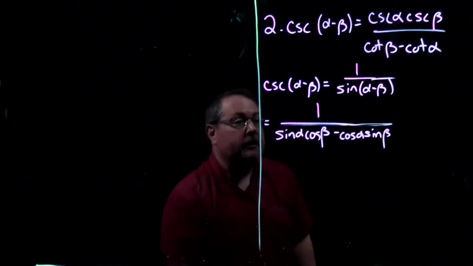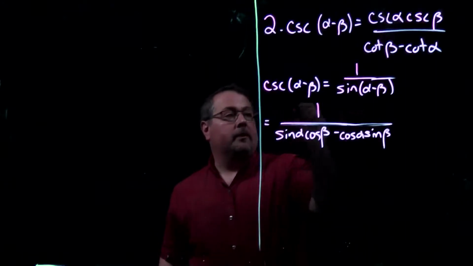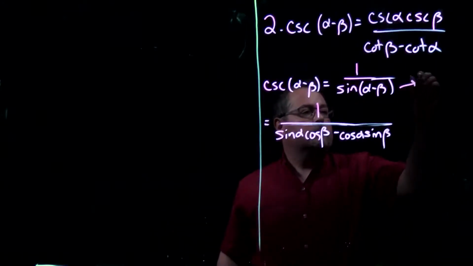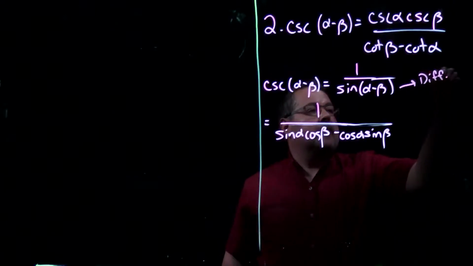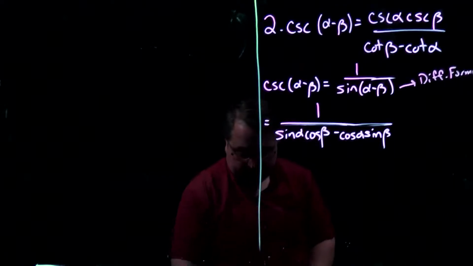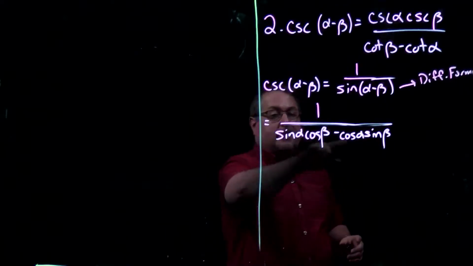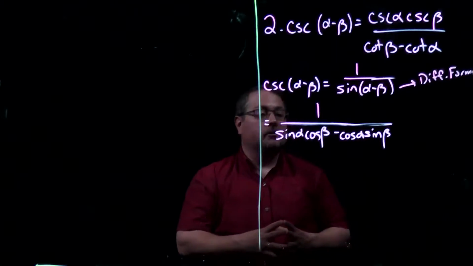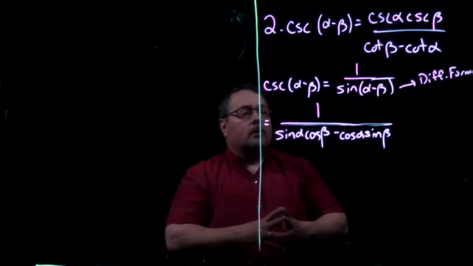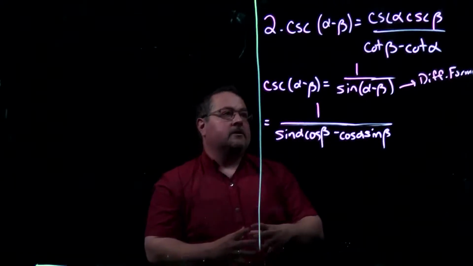I'm certainly not expecting you to. So here we're going to use the difference formula for sine from the sum and difference formula video. So we use the fact that sine of alpha minus beta is sine alpha times cosine beta minus cosine alpha sine beta. So just looking at this, it may not be clear what we need to do.